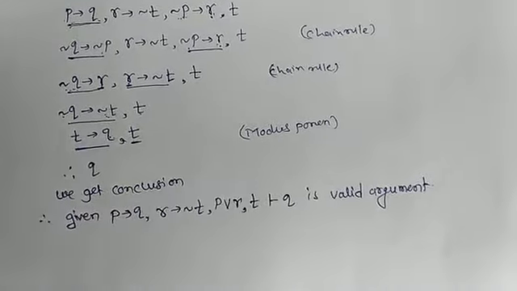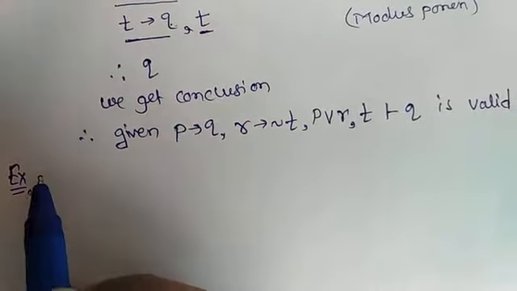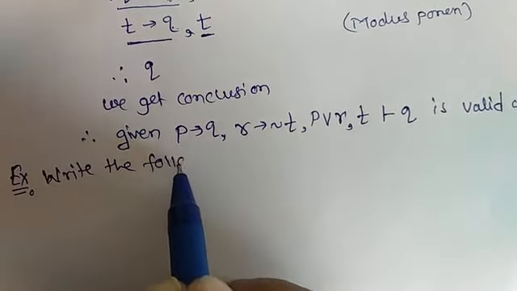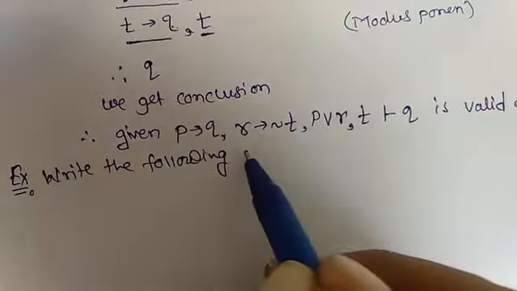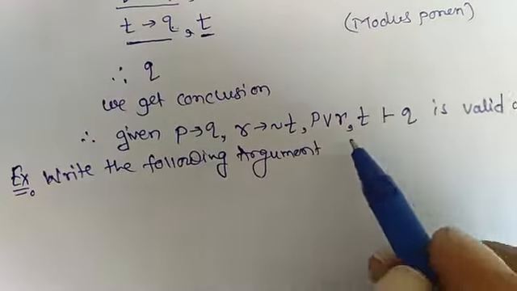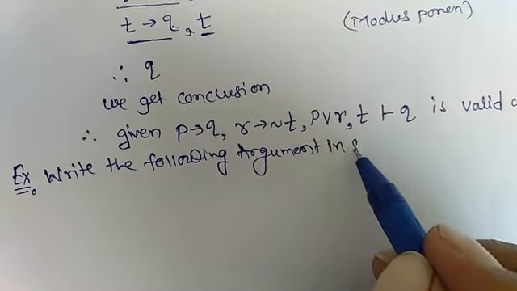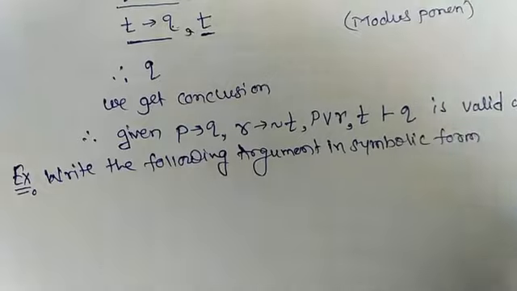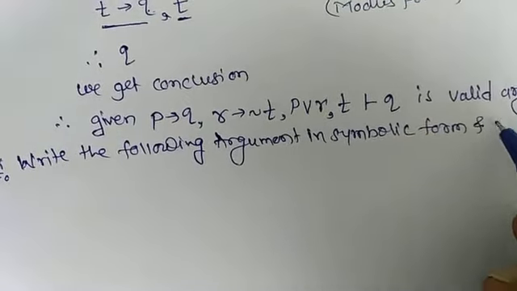Okay. The next example is: write the following argument in symbolic form and check validity.